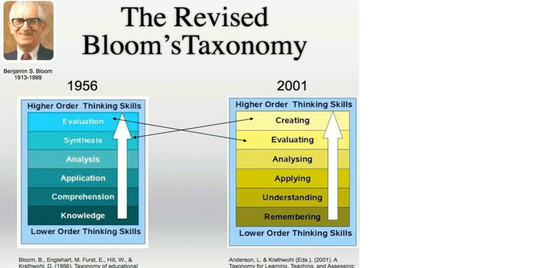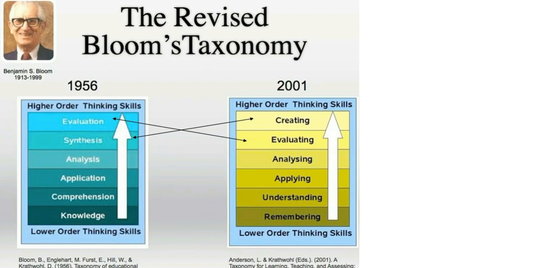For understanding, we can use the word understand, and similarly apply, analyze, evaluate, and create. So we can see that these revised version verbs are more powerful and more action oriented as compared to the nouns that were used in the original version.